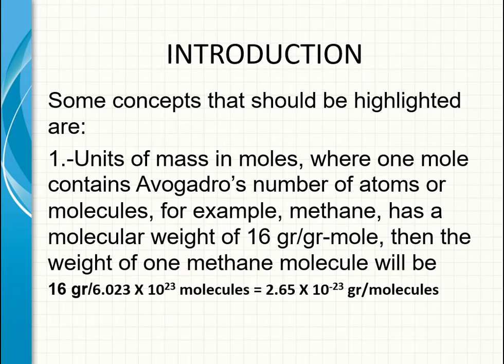Then the weight of 1 methane molecule will be 16 grams divided by Avogadro's number, which is 6.023 times 10 to the 23 molecules per mole. This is equal to 2.65 times 10 to the minus 23 grams for each molecule of methane. So we are going to work with a lot of molecules.